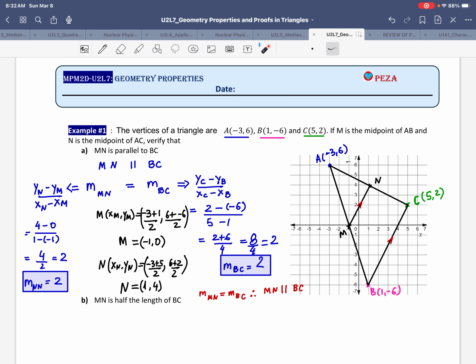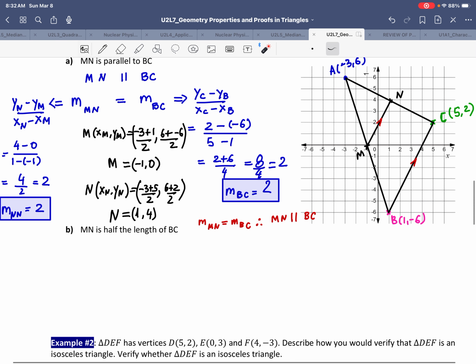And we proved that the mid-segment is parallel to the third side of the triangle, so to the side BC. So in question B, now we have to prove that MN, so the mid-segment MN, is half the length of the side BC. So let's get started.